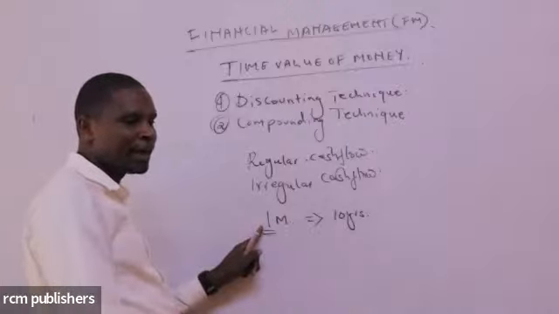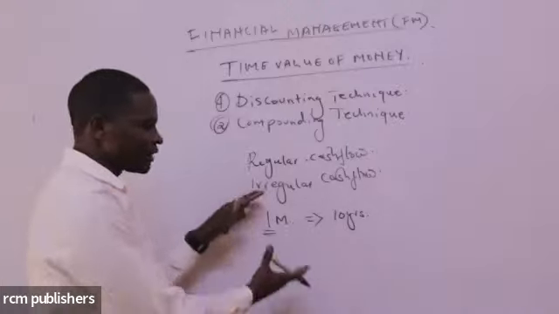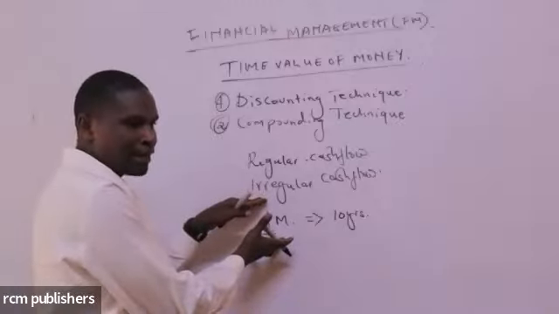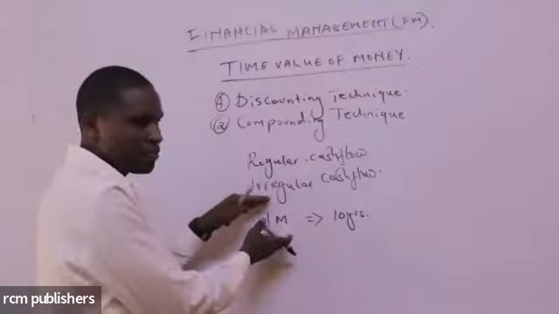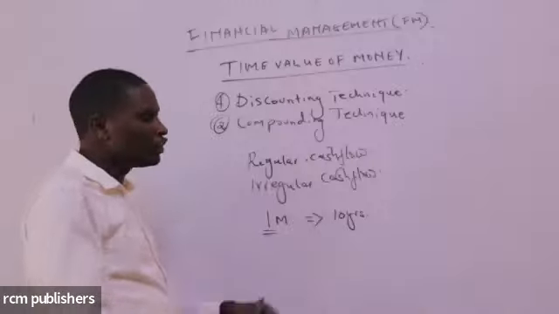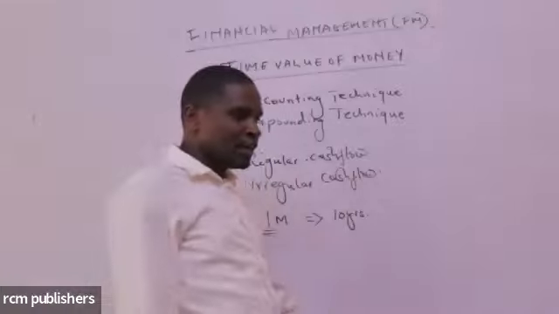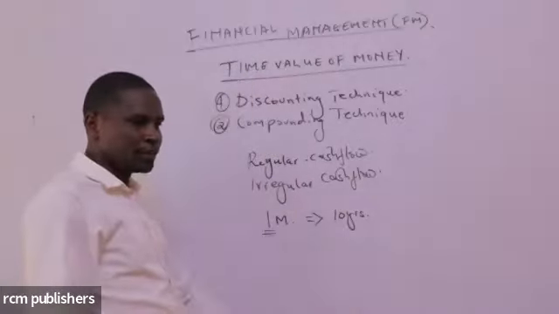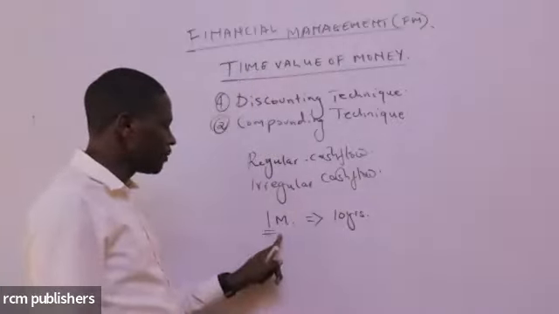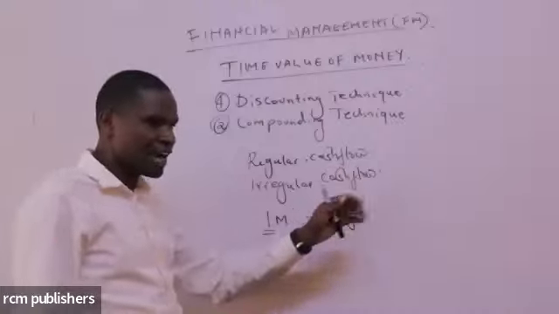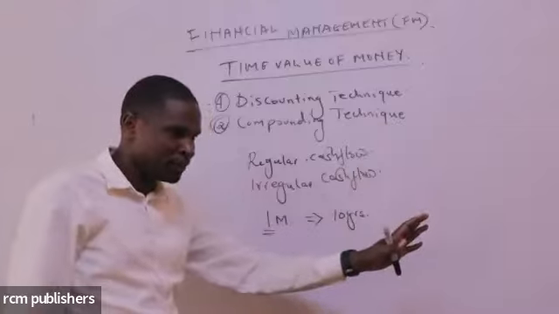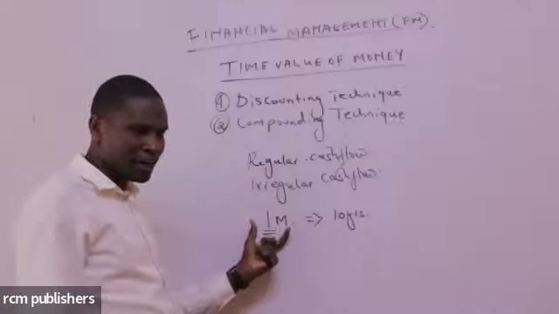It can be 1 year, 2 years, like that. Now, we want to get this money today. Instead of waiting for the 10 years, instead of waiting for the 5 years, how much can you give me today? You're promising me 1 million in 5 years or 10 years. Can I get the value of this money today?